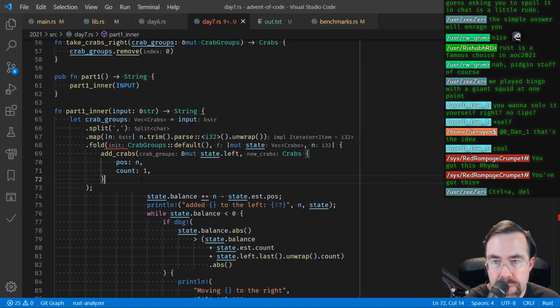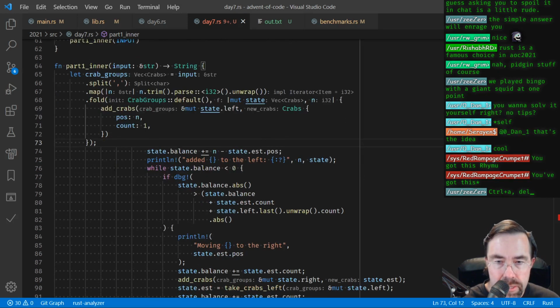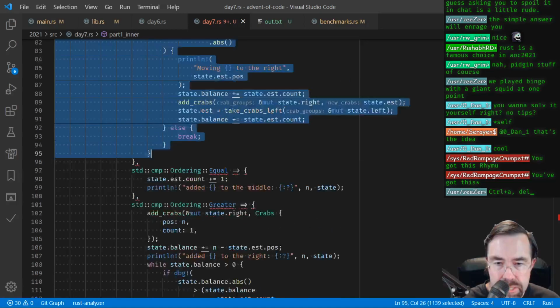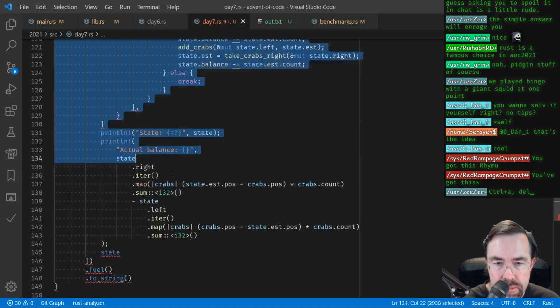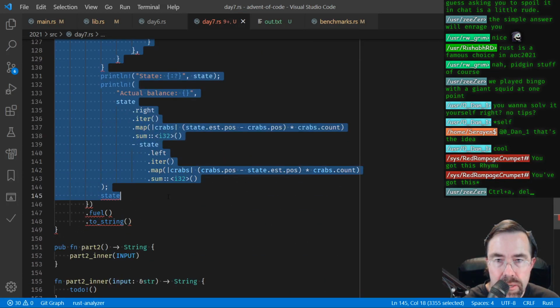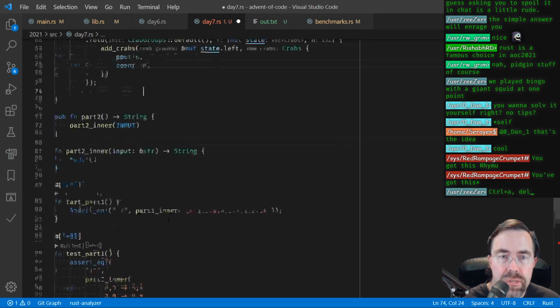What's it telling me? Unmatched, unmatched, unmatched. Oh, not remove that, but add that. Okay, so we have a vector of crabs. In other words, a crab group. Crab groups. And then, yeah, let's just get rid of all this. It's all junk. Yep, all junk.